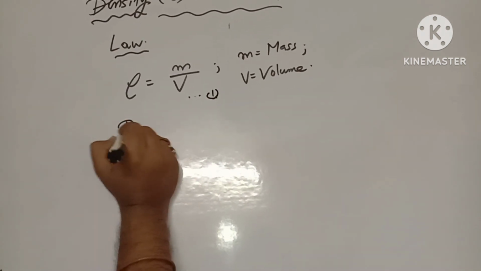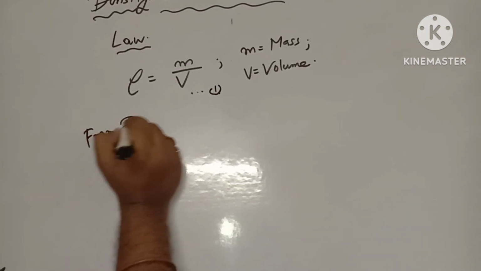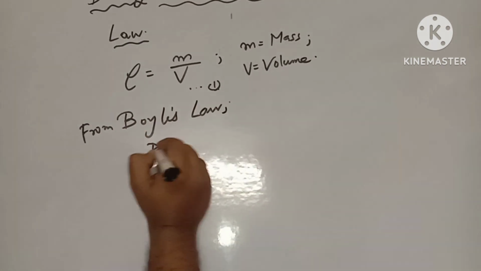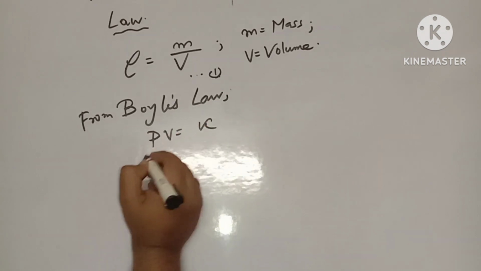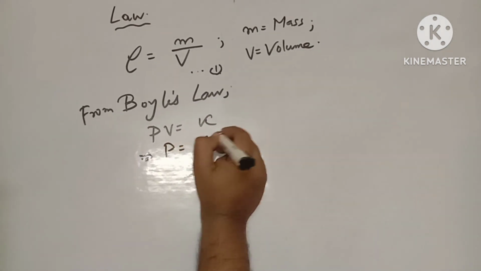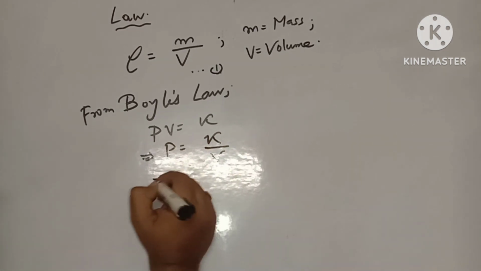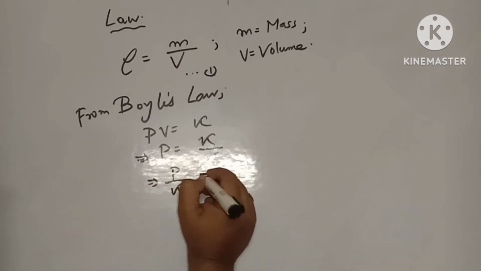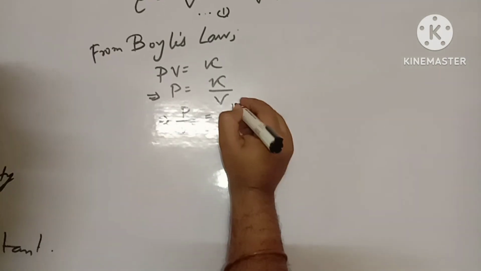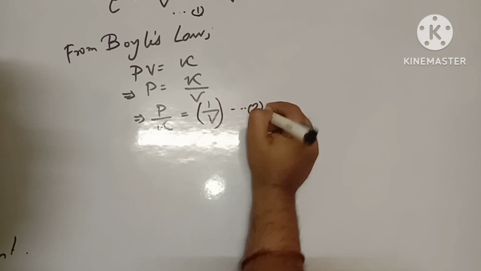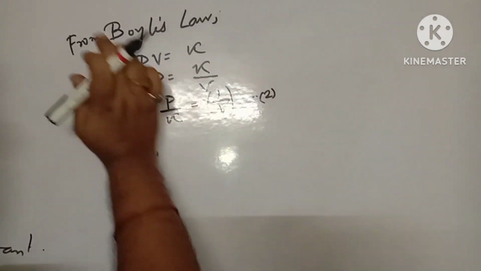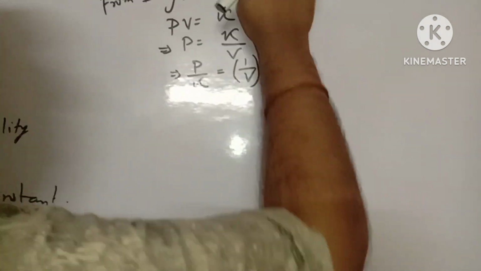From Boyle's law, PV equal to kappa or P equal to kappa by V or P by kappa equal to 1 by V. P by kappa equal to 1 by V. Equation number 2. You substitute this in this.